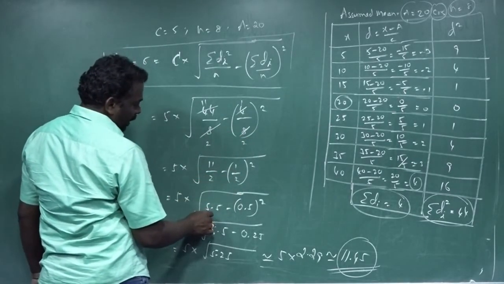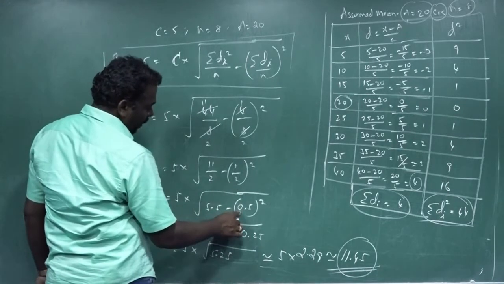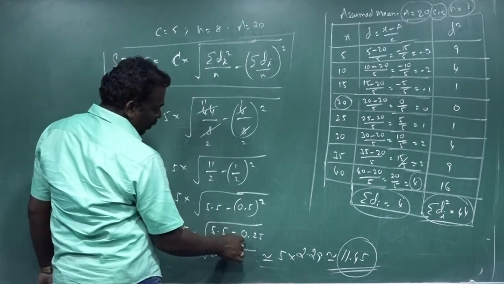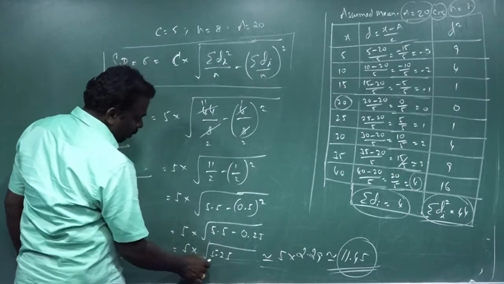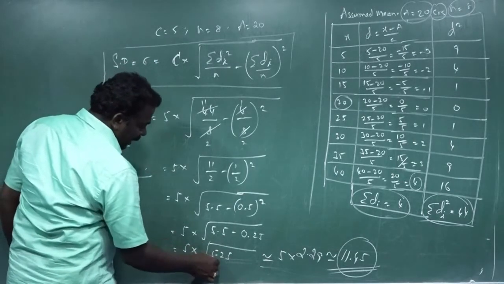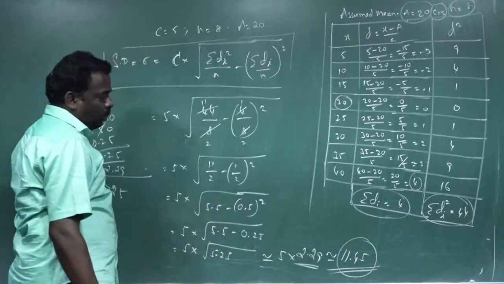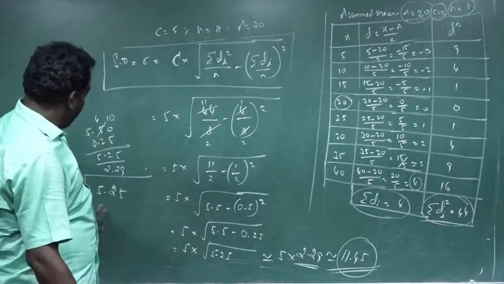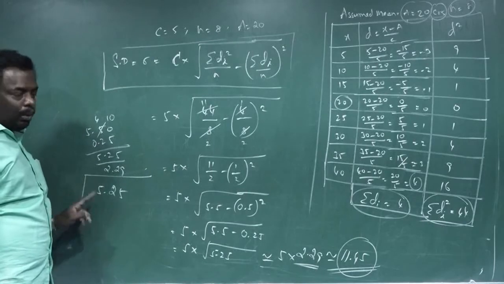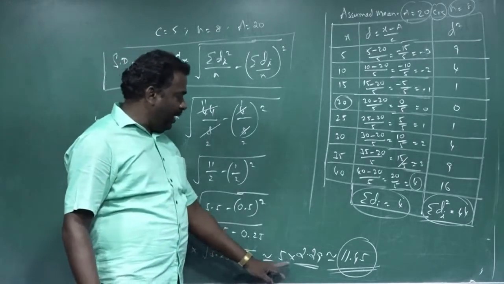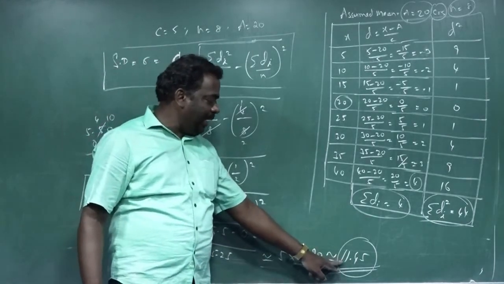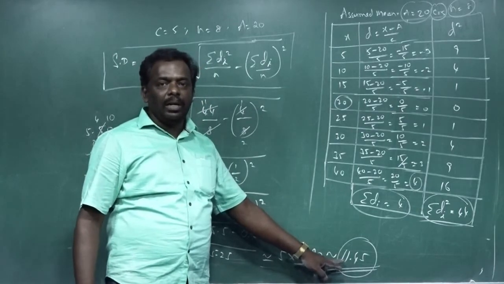Cancel the number, it is 5.5 minus 0.5, and the square of 0.5 equal to 0.25. The subtraction is equal to 5.25, and take the square root of 5.25 equal to 2.29 by using this long division method, already you know. Next multiply 5 into 2.29, that approximately 11.45 is the standard deviation.